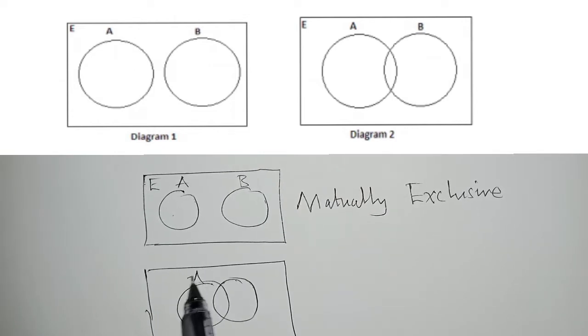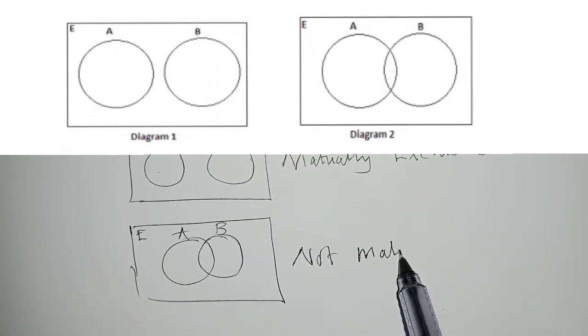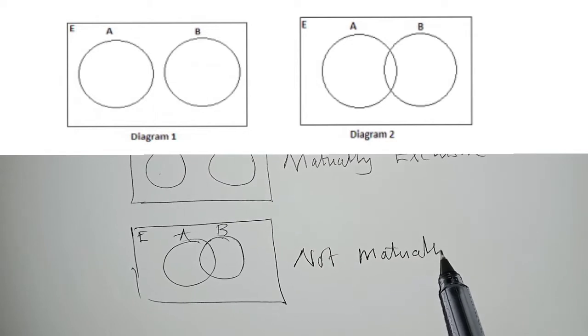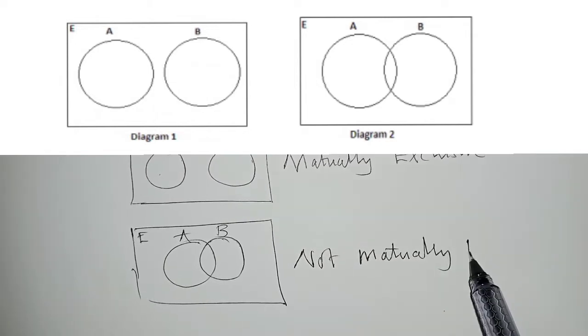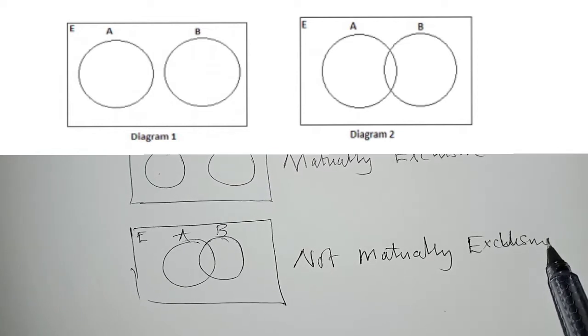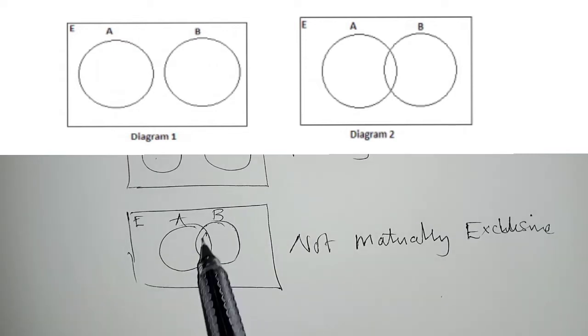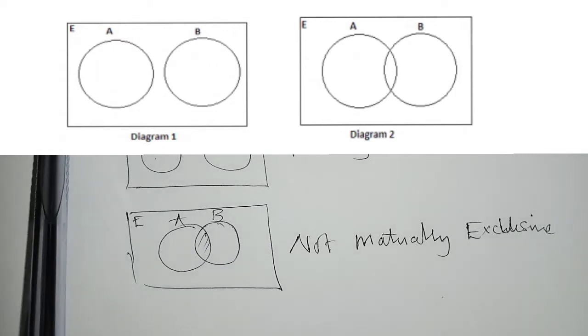is not mutually exclusive. Why are we saying this is not mutually exclusive? Very simple. We are saying this is not mutually exclusive because there is an intersection here which kills this property.